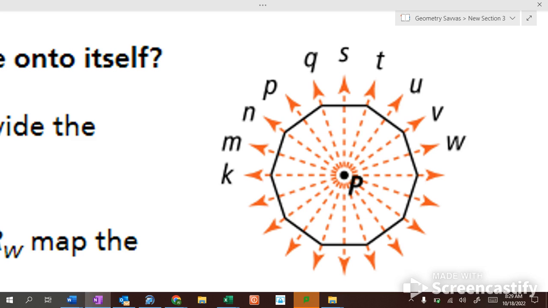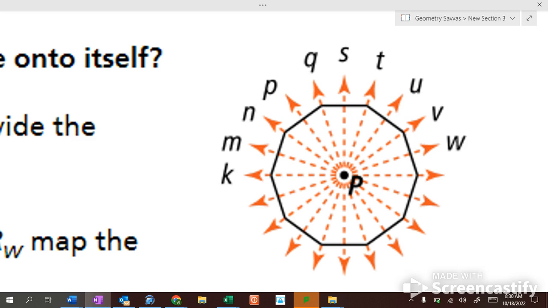Now, if we talk about rotational symmetry, how far do we turn it until it's on top of itself again? So we would turn K not to M, but to N, because point to point. So it's the same point to point, okay? So we could turn K to N, which is 1, 2, 3, 4, 5, 6, 7, 8, 9.